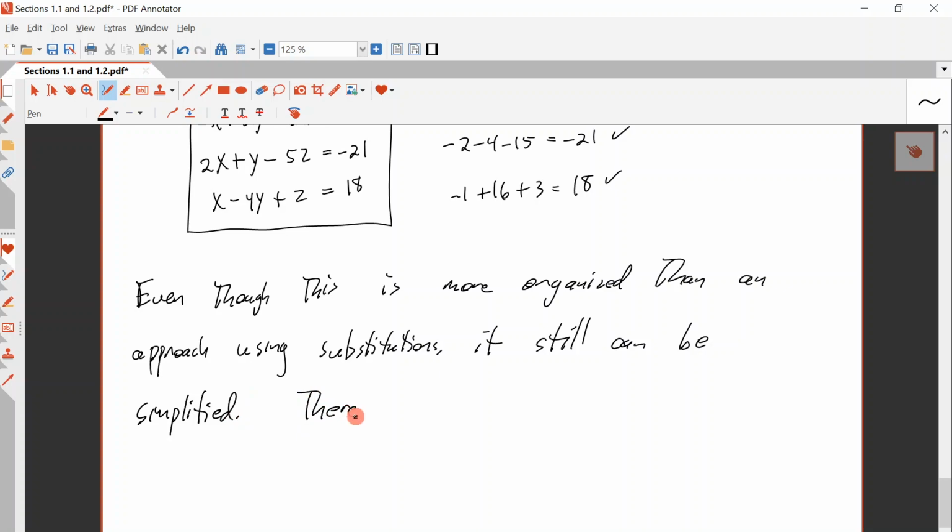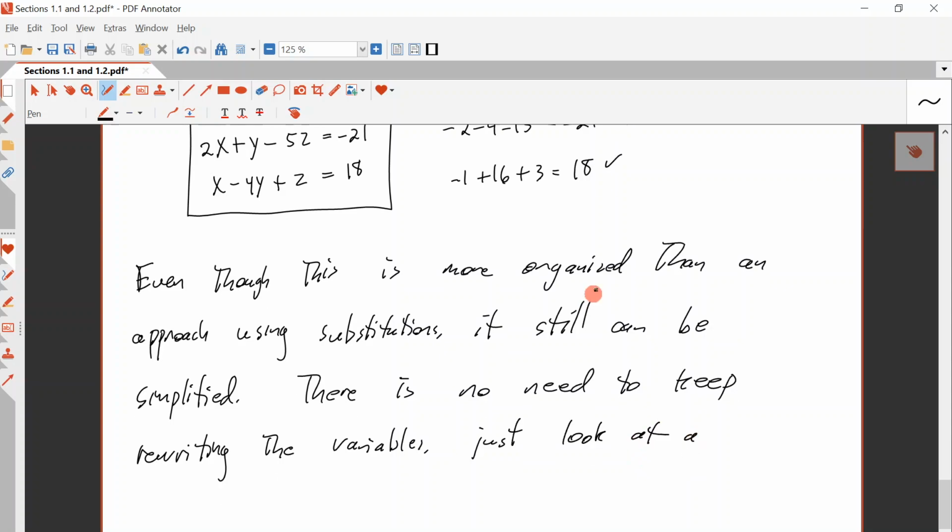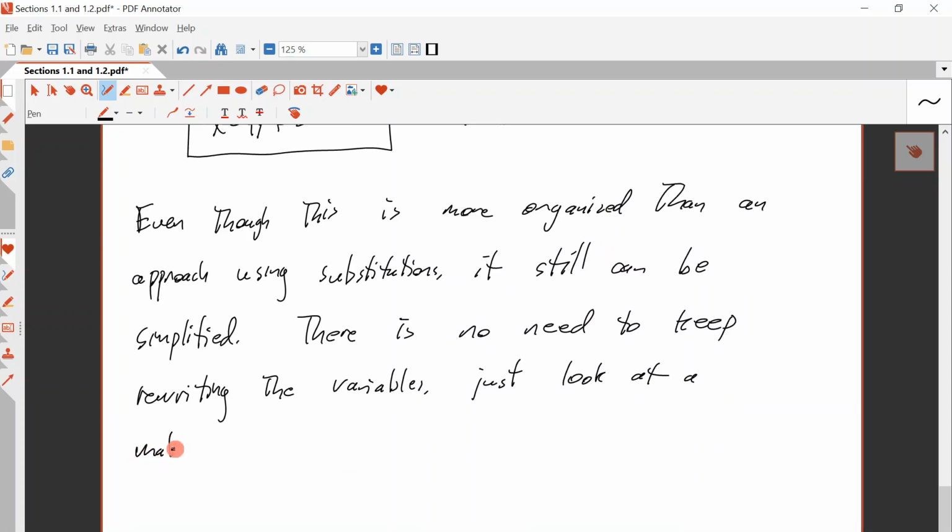There's no need to keep rewriting the variables. Just look at a matrix of coefficients.